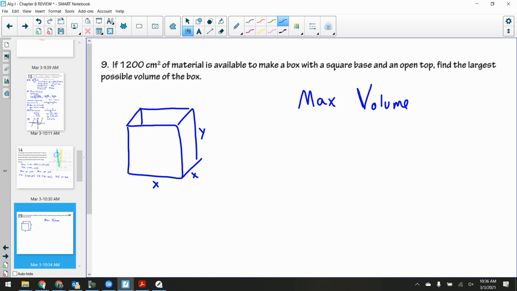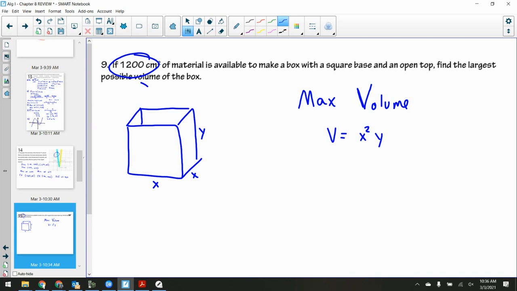So therefore, I know that the volume is equal to x times x times y, or x squared times y. Everybody follow me there? This is a square base. Now, let's use this 1,200, because that's got to give me an important piece of information. The top of the box is open. 1,200 is really the surface area, right?